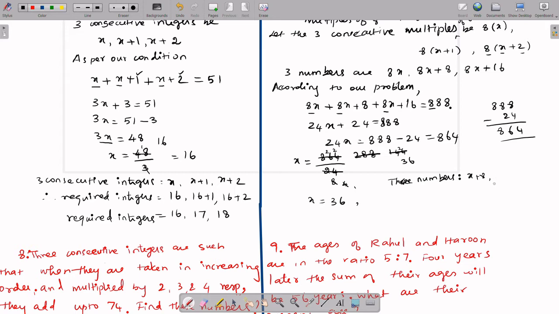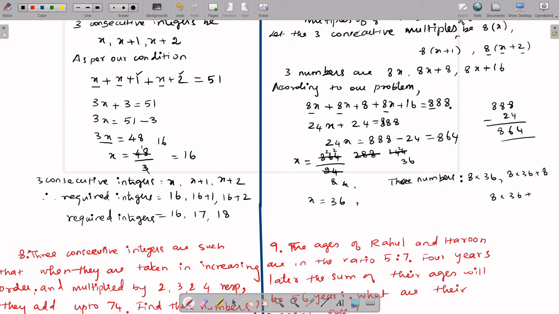We have this number now, 8 into x. The three numbers, with x as 36, are 8 into 36, 8 into 36 plus 8, and 8 into 36 plus 16.